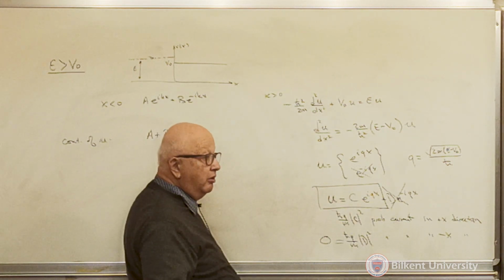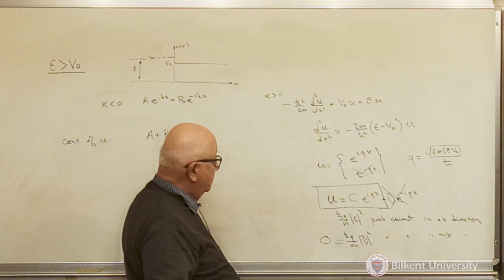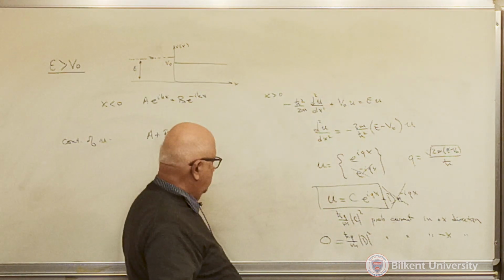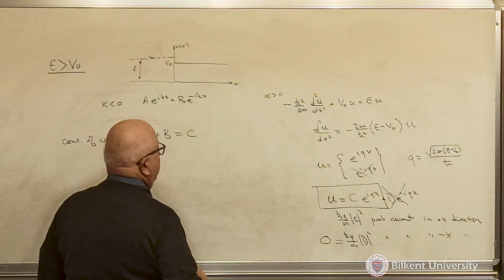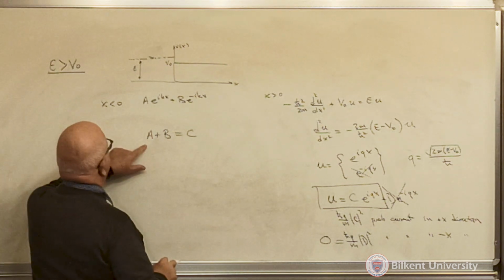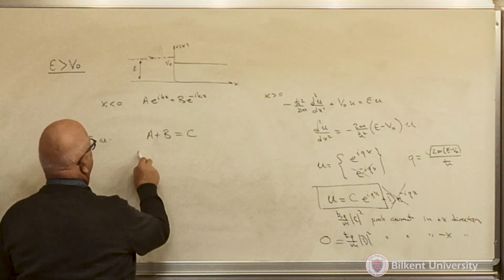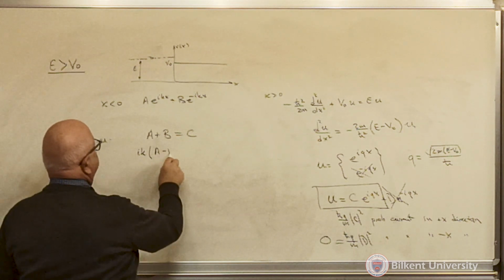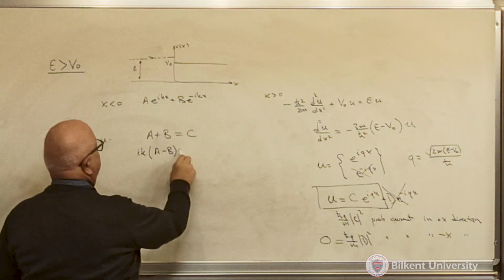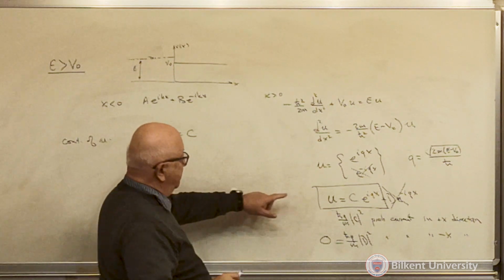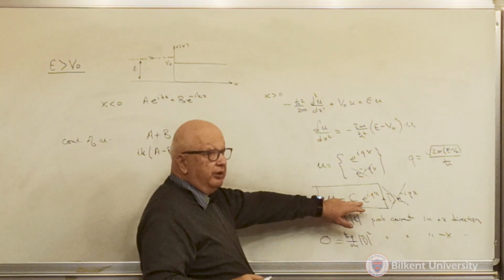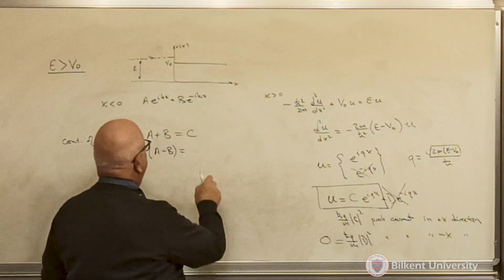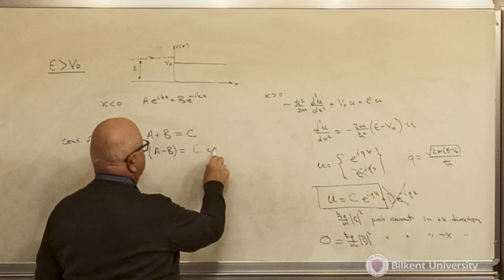Yes? Did we choose B equal to 0? Yes. Okay, and then we have the derivative here, which is ik, A minus B, just like the previous case, equal to the derivative of this at x equal to 0, which is going to be C times iq.